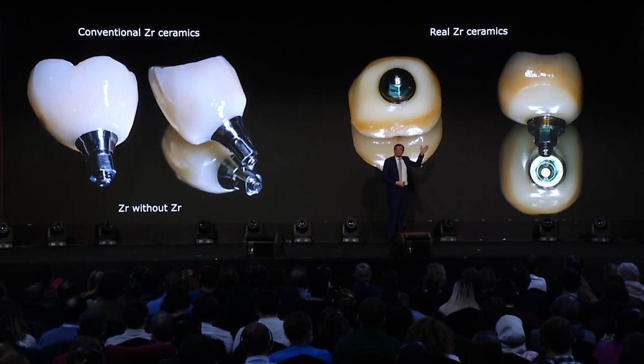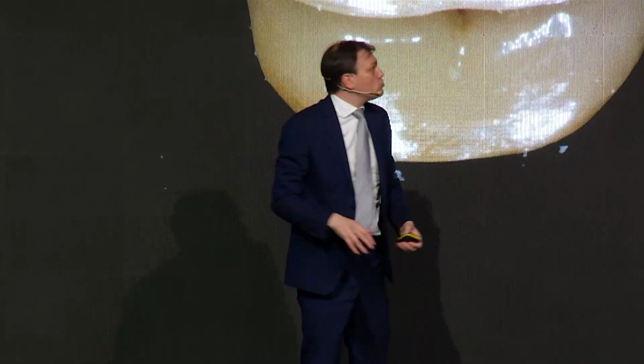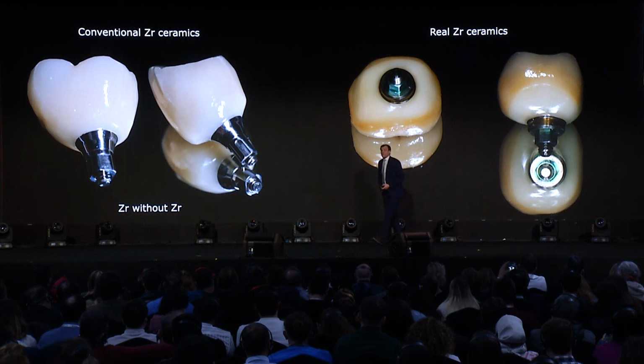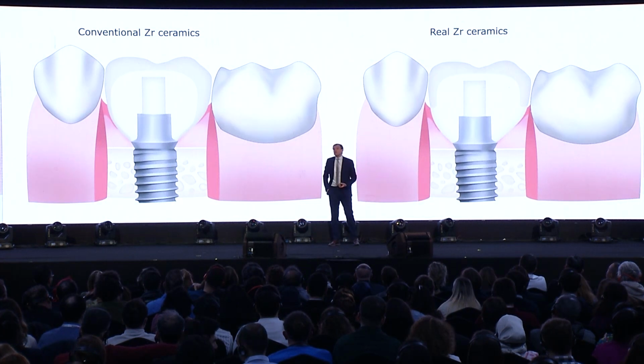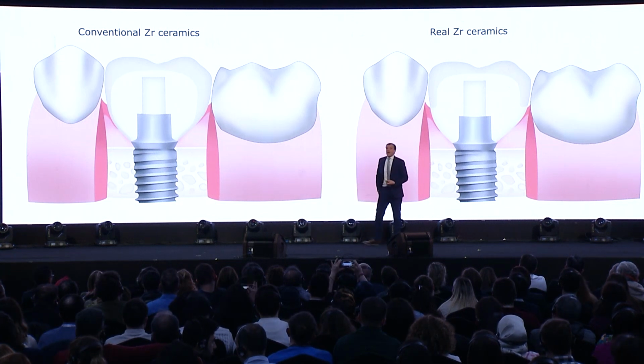This is the true zirconia ceramics, or full zirconia restoration, when you see those different colors. You see that there is polished zirconia for the tissues, and then you have porcelain on top of zirconia. That's the way to expose more zirconia to the tissues and have better adaptation and later less crestal bone loss.